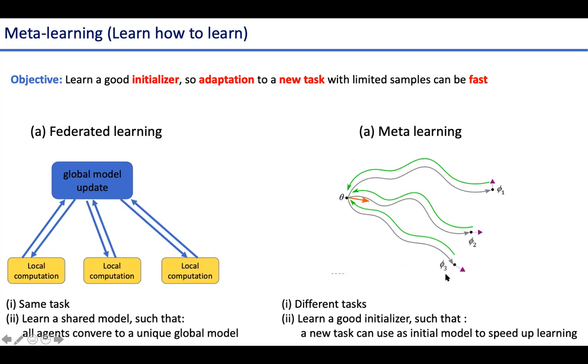So given a number of tasks, we're going to train an initializer where when a new similar task comes, that initializer will be much better than starting from a random model in order to adapt to the new task. By this we ensure adaptation to a new task with a limited number of samples. Therefore the learning will be faster and require fewer samples.